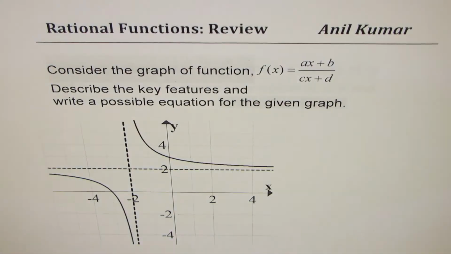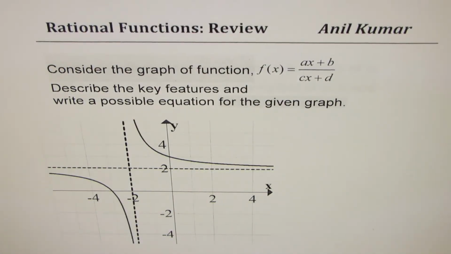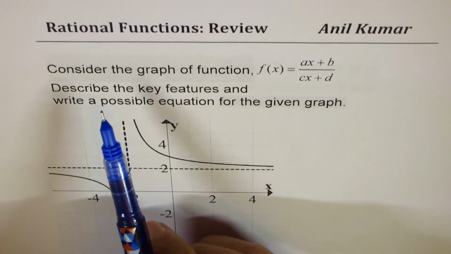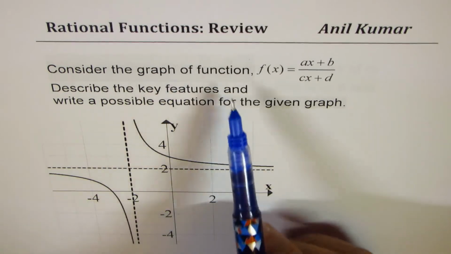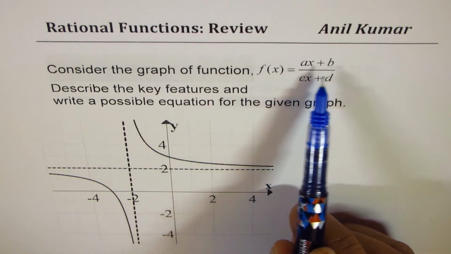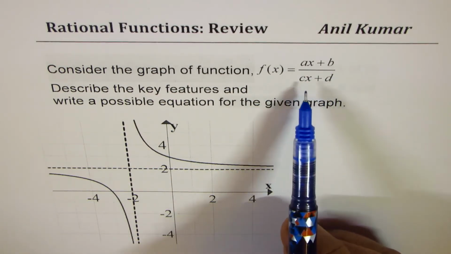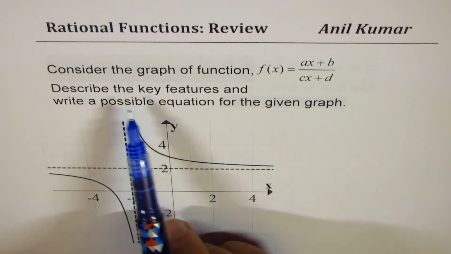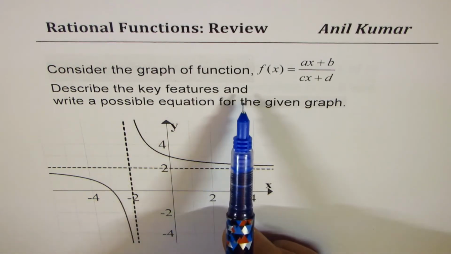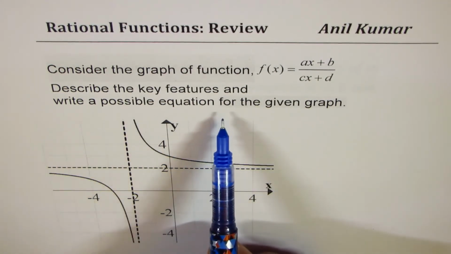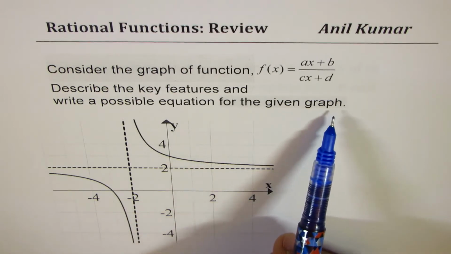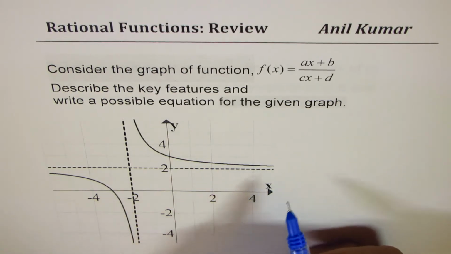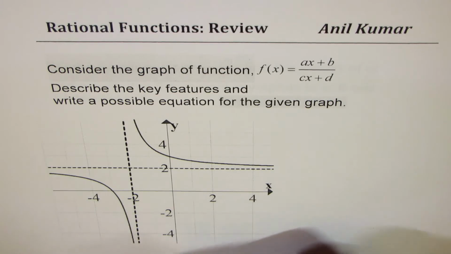Thank you. Well, now let's look into the solution of this particular question. The question here is, consider the graph of the function f of x equals ax plus b divided by cx plus d. Describe the key features and write a possible equation for the given graph, correct? So let's begin from the x and y intercepts.